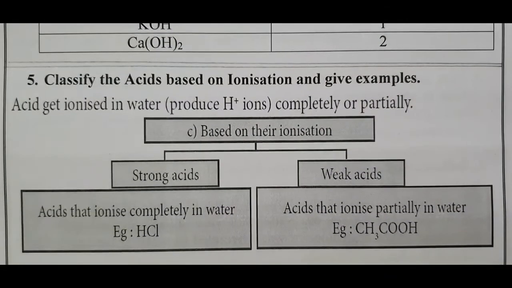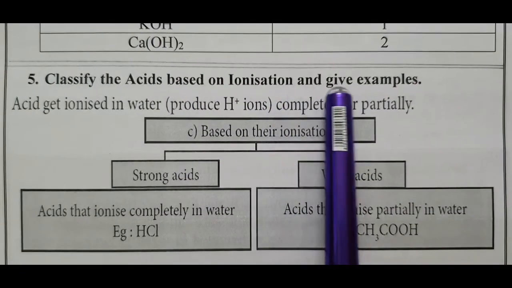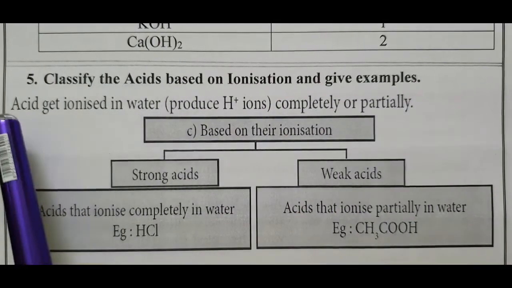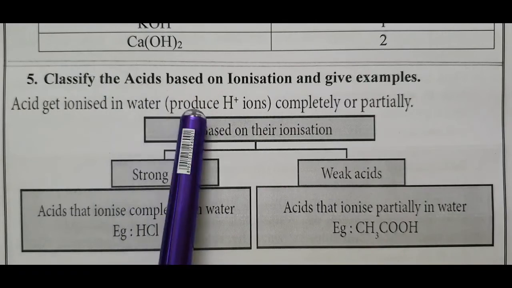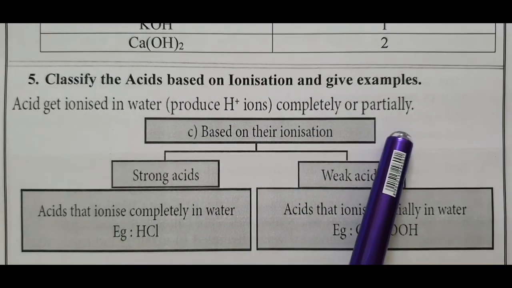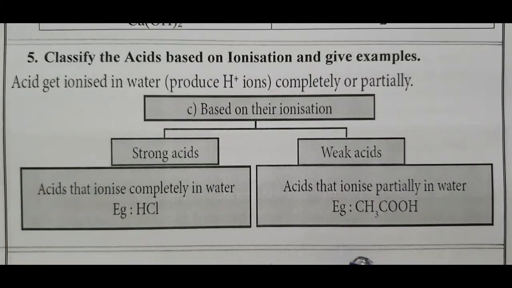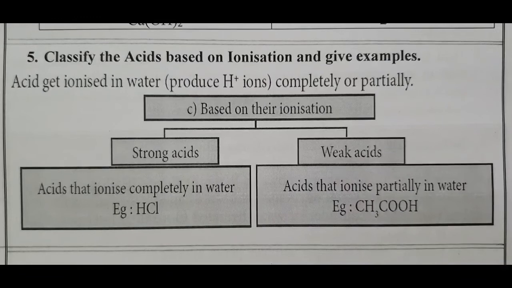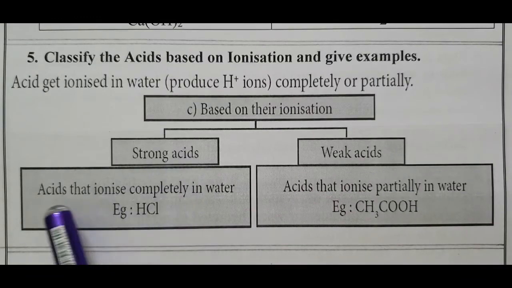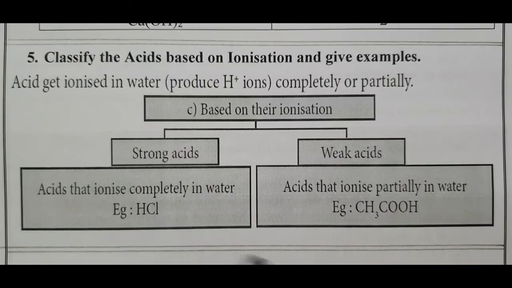Fifth assessment, classify the acids based on ionization and give examples. Acids get ionized in water, producing H+ ions completely or partially. Based on their ionization, acids are classified into strong acids and weak acids. A strong acid is an acid that ionizes completely in water, example HCl.